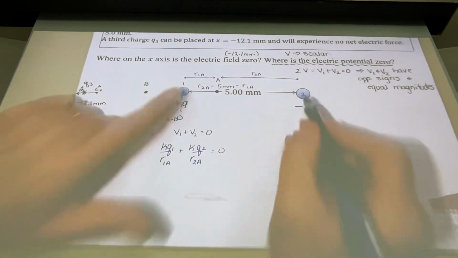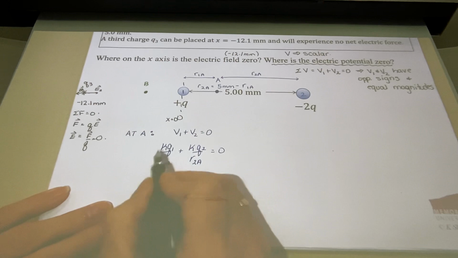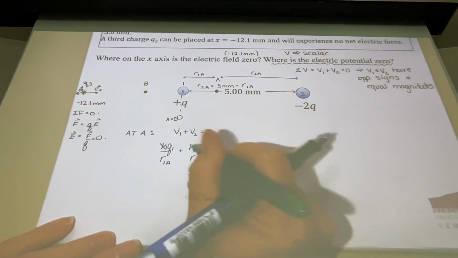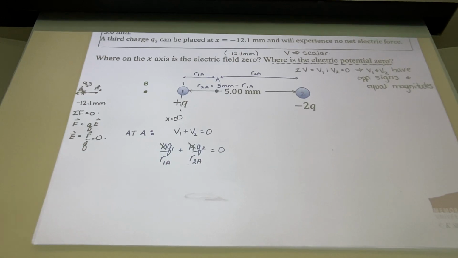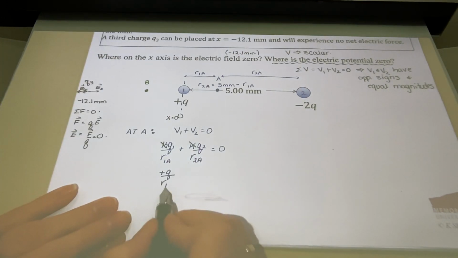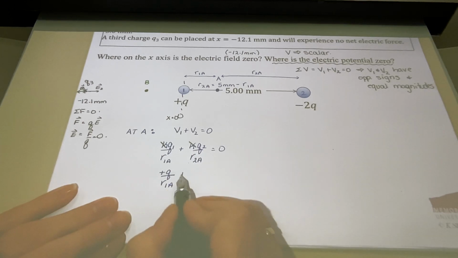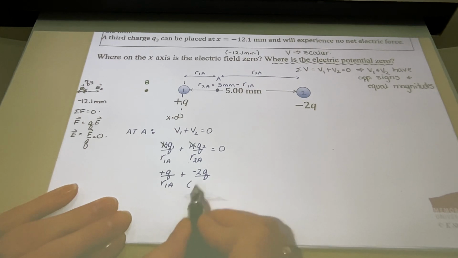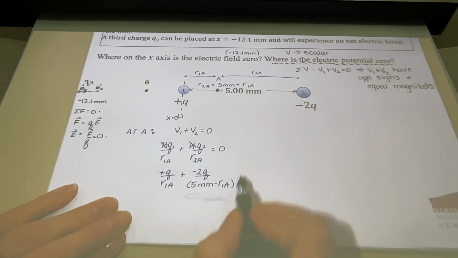I'm going to fill in all the things I know from my picture. But I think first I'm just going to divide through by my K's. So divide both sides by K. Q1 is plus Q over R1A plus Q2 is negative 2Q over 5 millimeters minus R1A equals 0.